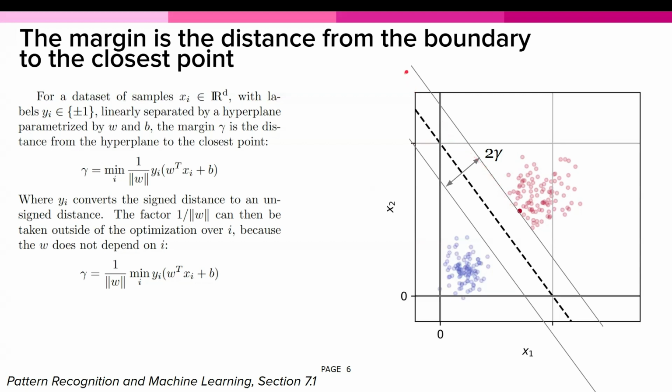This positive margin line passes through the closest point of the positive class, the red class, and this is the closest point from any of the classes, so this one defines the margin. To sum up, the width of this margin represents how far the decision boundary is from the nearest data points of either class.